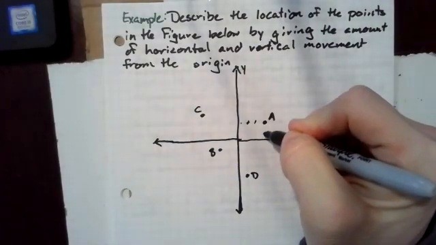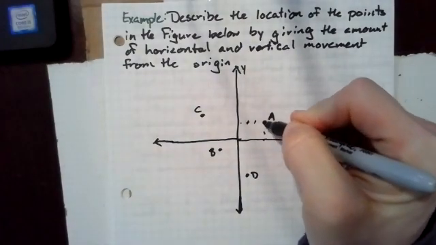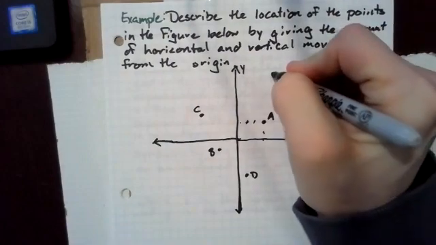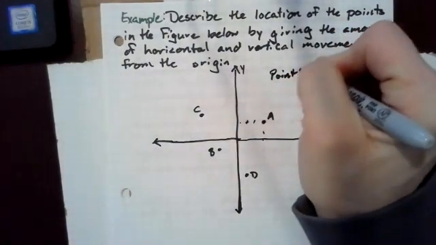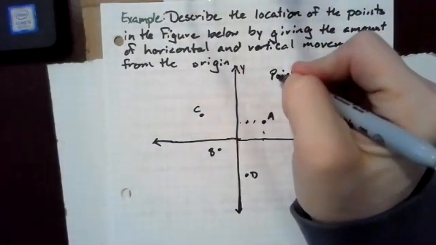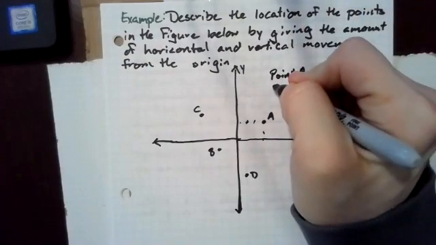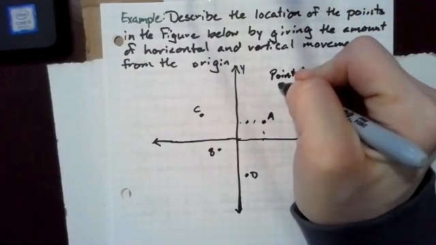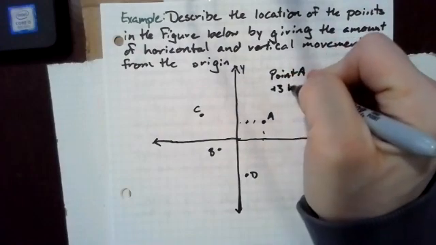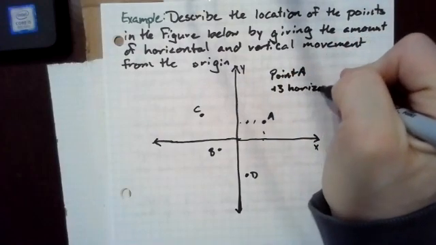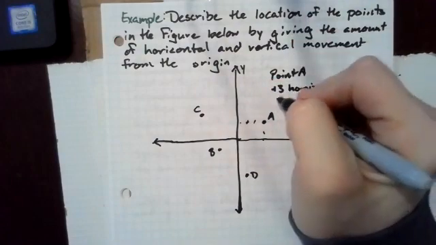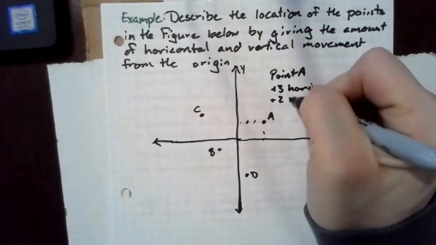It is 2 units vertically from the x-axis. So point A is 3 units horizontally and plus 2 vertically.